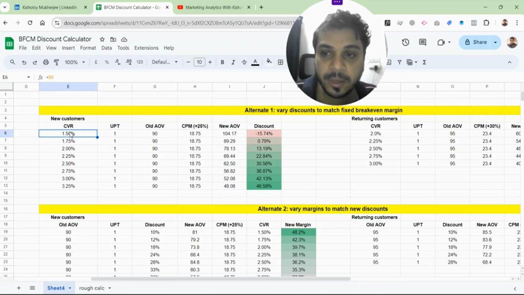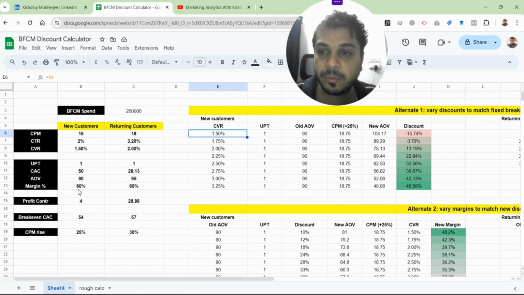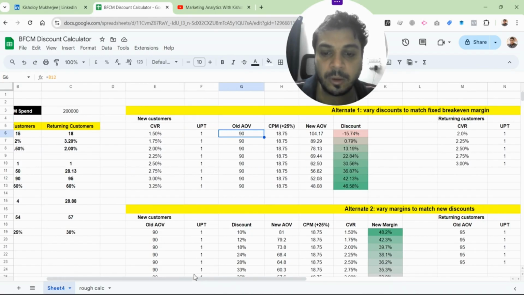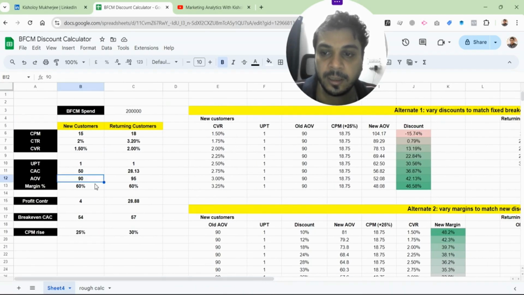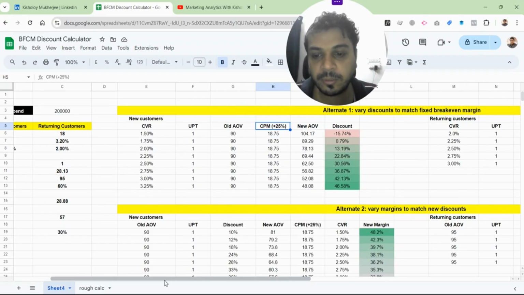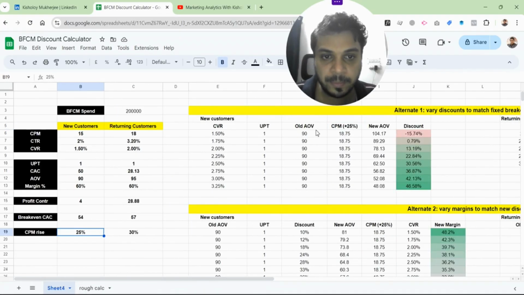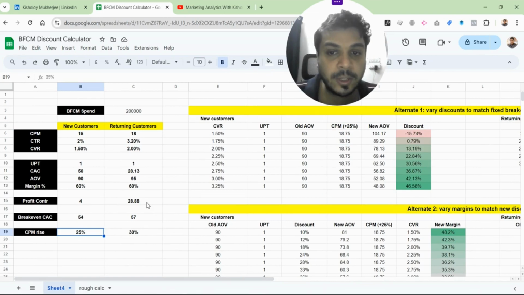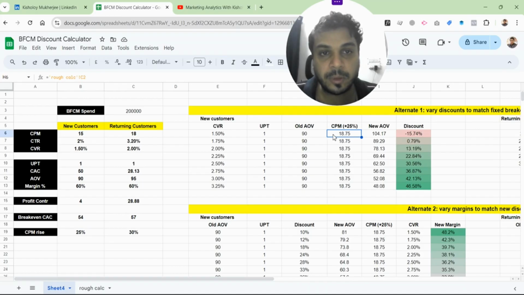If I just take this particular example where the conversion rate is pegged at 1.5, which was the initial conversion rate taken for new customers, you have UPT fixed at 1, you have the AOV that was 90, again for new customers, and then you have a CPM which has risen by 25%, as you can see here. This 25% rise is an estimation, something that you can change, but based on this 25% rise from 15, you have a new CPM of 18.75.